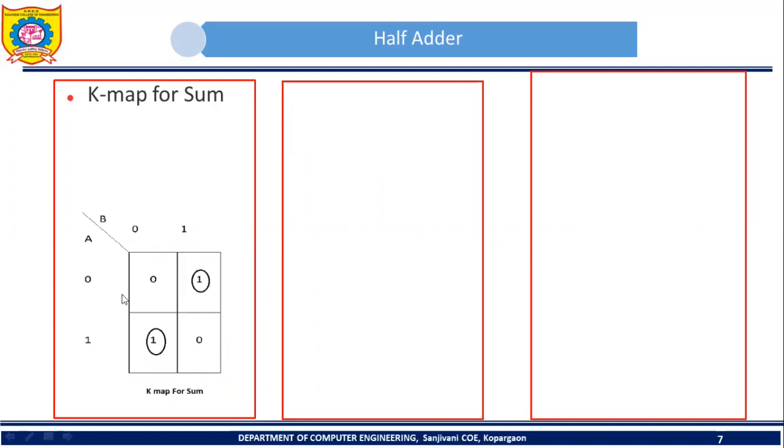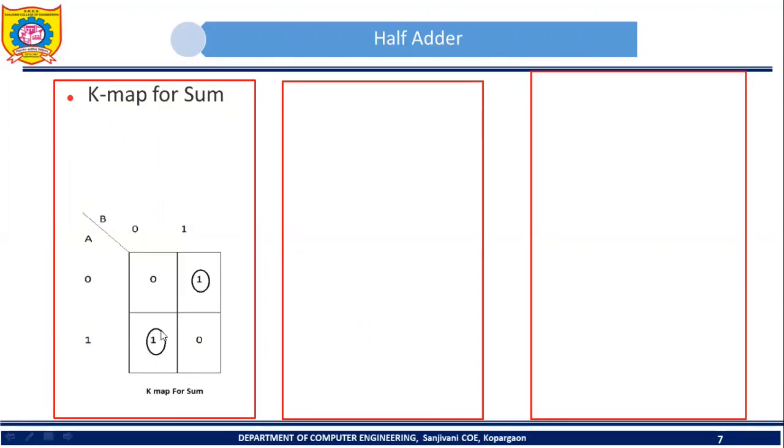Then the next step is, from this K-map we have to write the simplified Boolean expression. The expression we get from this K-map will contain 2 terms. One term will correspond to this group and the other term will correspond to this particular group. Can you tell me which term will correspond to this group? For this group, what is the value of A? A is 0, so A bar, and B is 1. So A bar B, that is A prime B, plus, can you tell me the term which will correspond to this one?